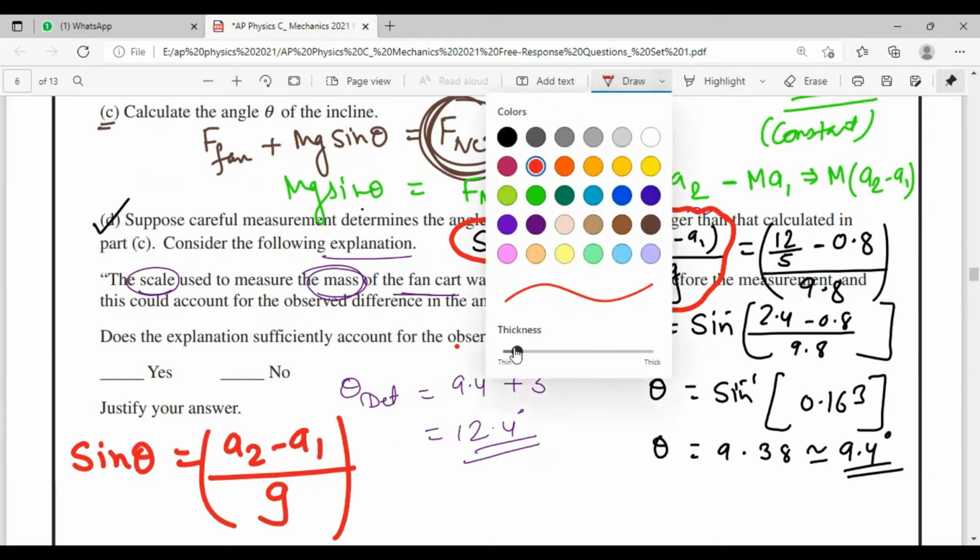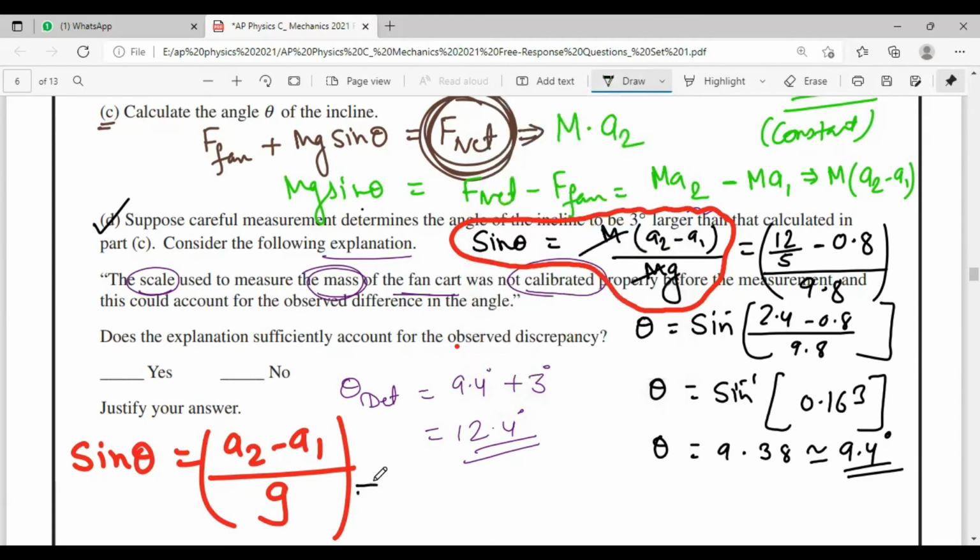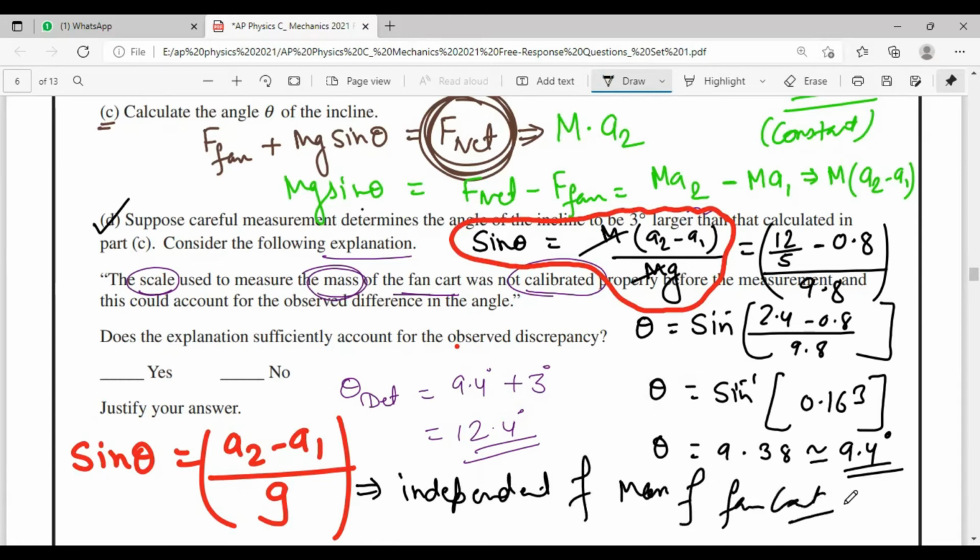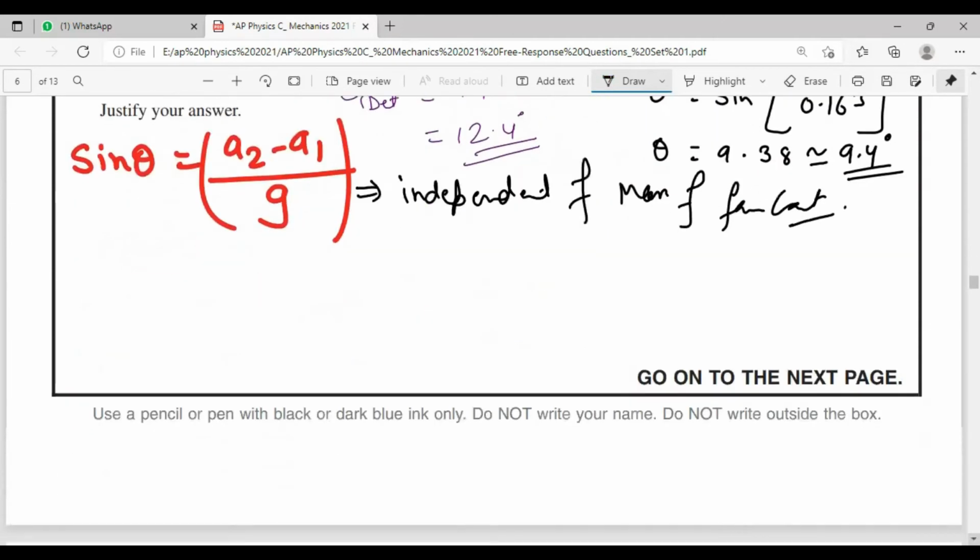As you can see clearly, this is independent of the mass of the fan cart, right? So this should not be the correct explanation for this error. So you can write no. Justify your answer. So we have given a justification for this answer. So I think this question is completed.